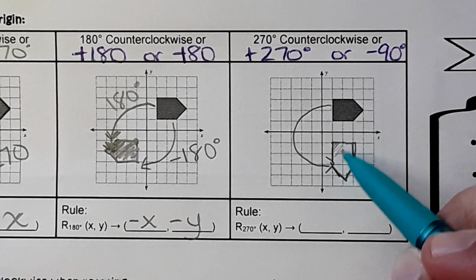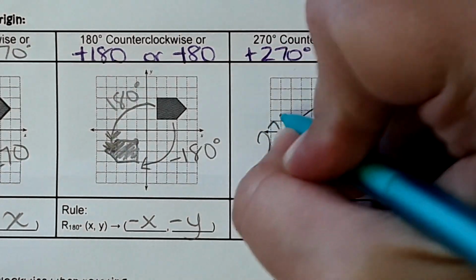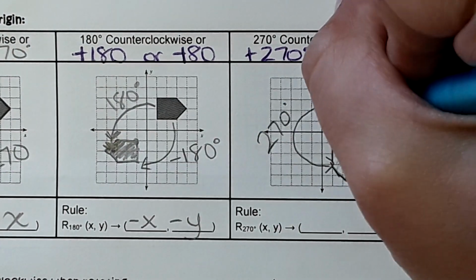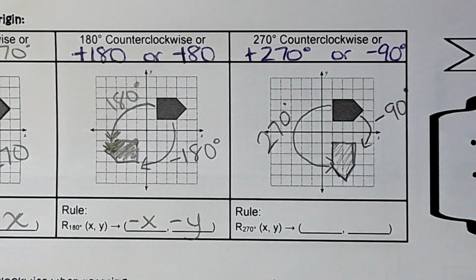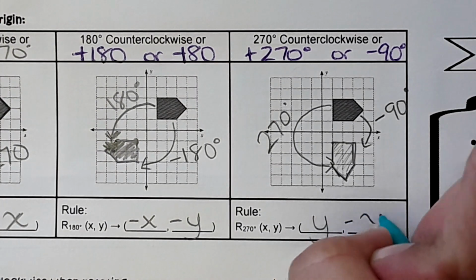There is our shape. So that is 270 degrees or negative 90 degrees. And the rule for this one is (x, y) goes to (y, -x).